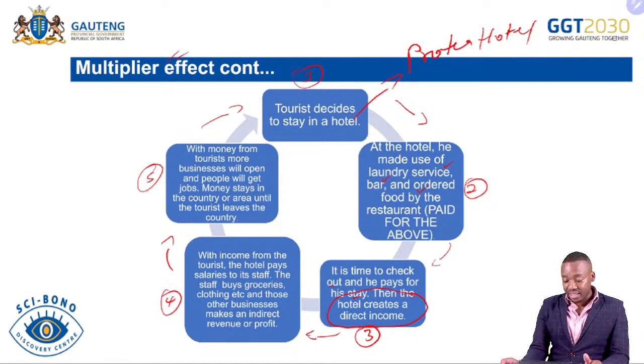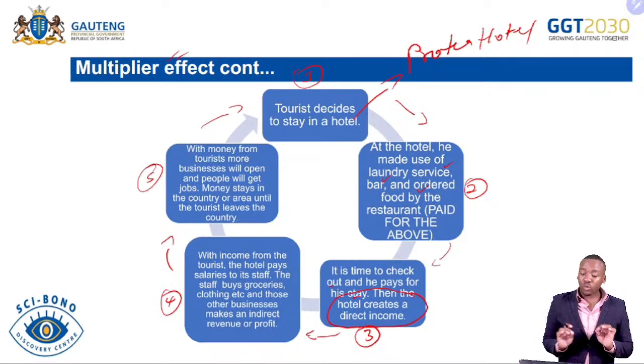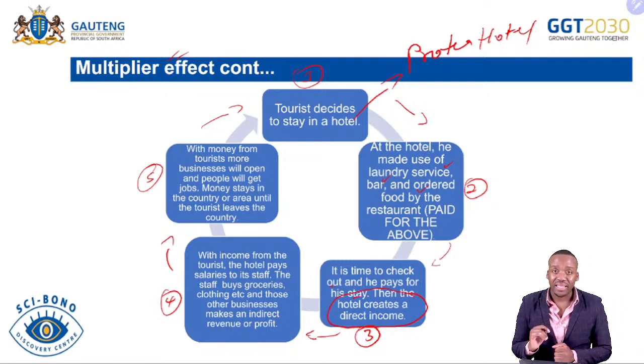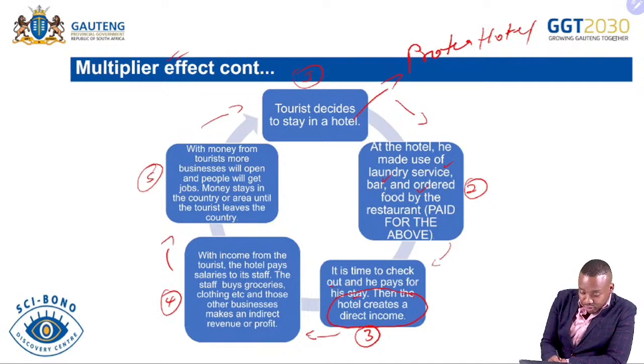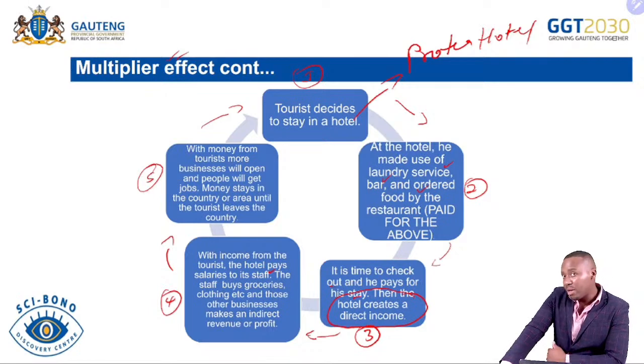It brings a direct income for the food and beverage establishments there at the hotel. Then what will the hotel do now with this direct income from the tourist? With income from the tourists, the hotel has to pay salaries to its staff, maybe on the 15th or month end.